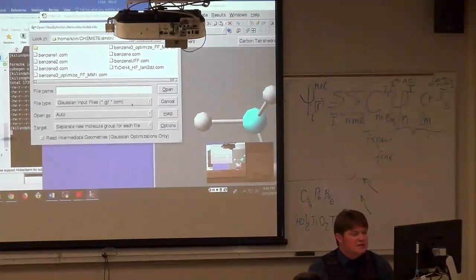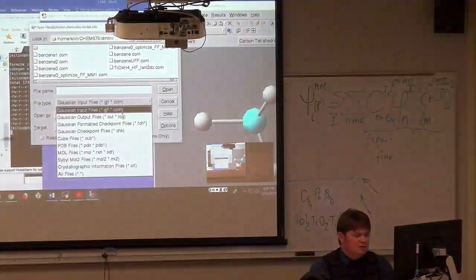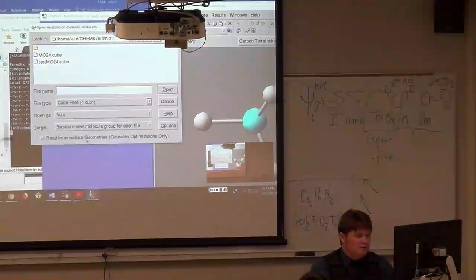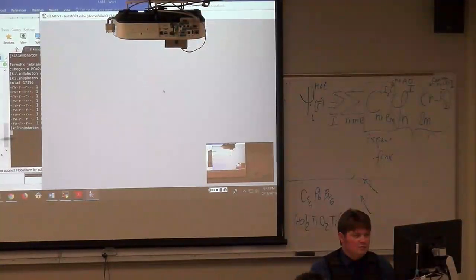So at first glance, you will not see it because it has a filter for extensions. So check for extensions .cube. So you select file and open.